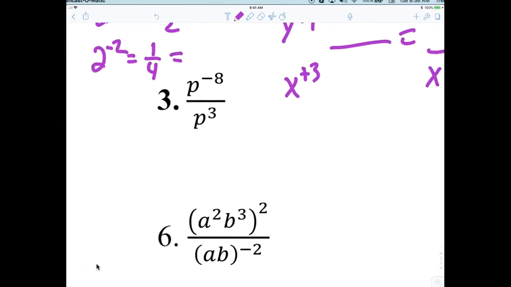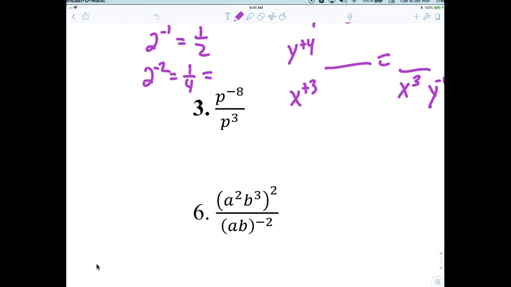Number 3, just like this. Which one is negative? The one on the top, so I move it to the bottom, which is 1 over p cubed, p to the 8th, 1 over p to the 11th. Now, why is there a 1? Because everything moved away, right? You don't have a fraction with nothing in the numerator.